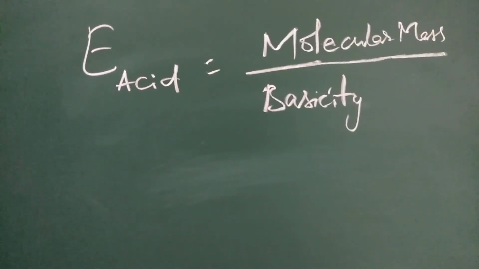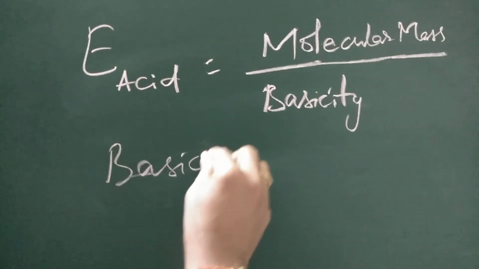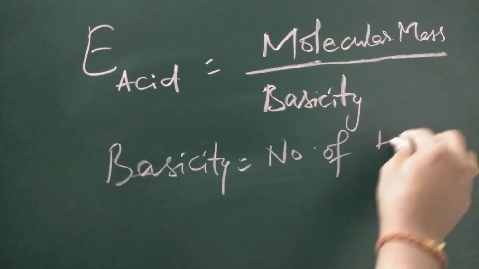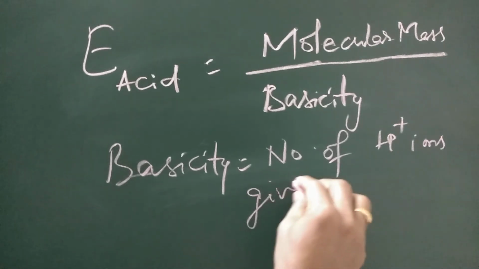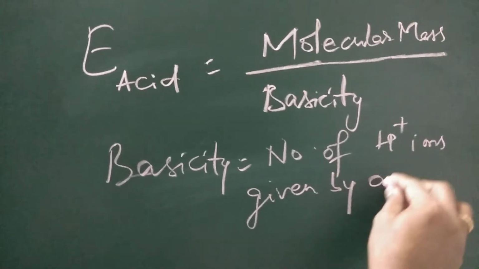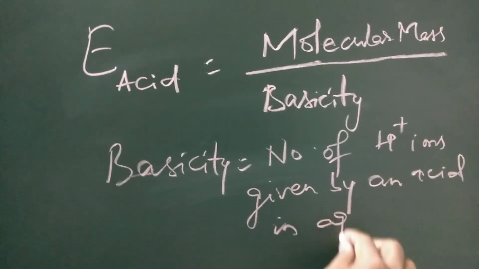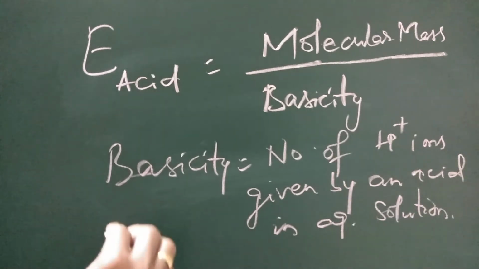Now let's see the equivalent weight of acid. The equivalent weight of an acid is given by the formula molecular mass by basicity. Basicity is the number of H plus ions given by an acid in aqueous solution, like HCl.